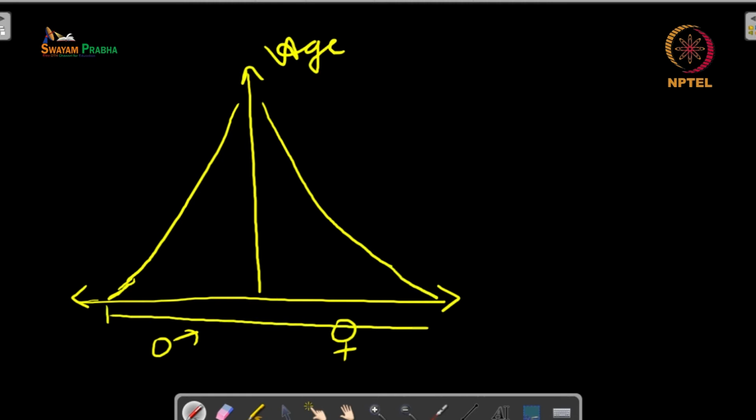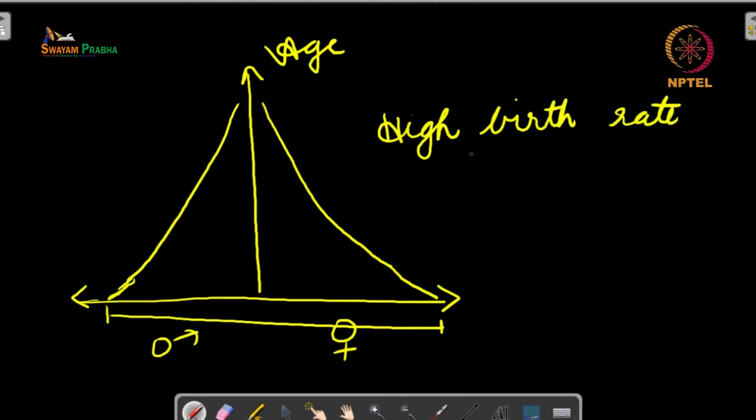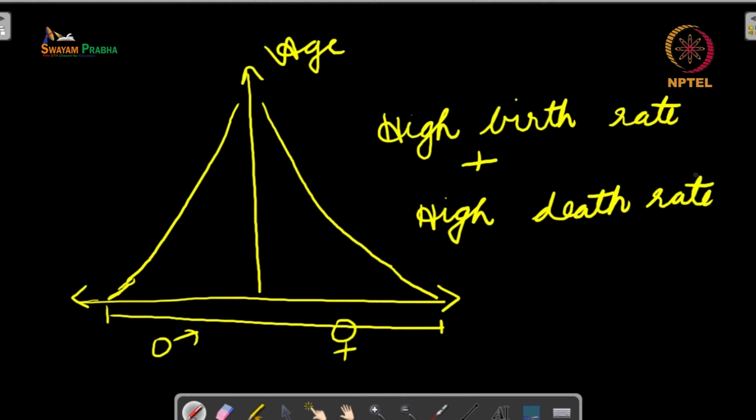So these many children are getting born, and as they increase in age, the population sharply reduces in size, showing that there is both a high birth rate and a high death rate in this particular society. Now, in this case, the population may either remain constant or the population may even start to increase a lot.